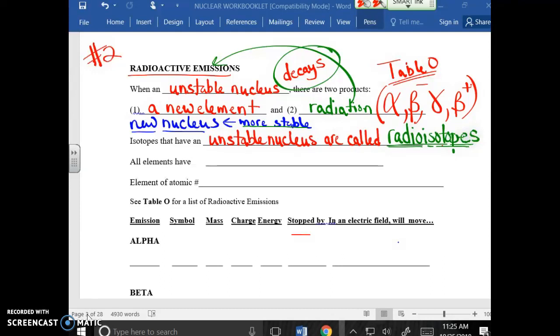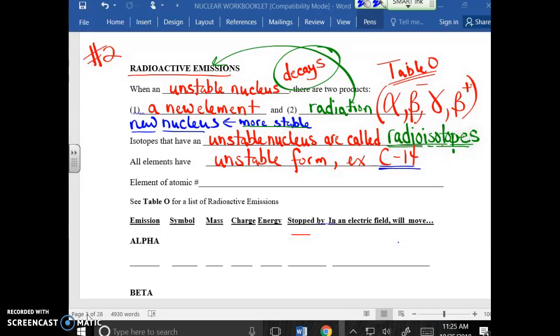Now, it turns out all elements have unstable forms. So in other words, all elements have what we call radioisotopes. The one that you've probably heard of before coming into this class would be something like carbon-14. Now, carbon makes all biological organisms possible. It's the backbone. But of course, there are some forms of carbon that are totally unstable.